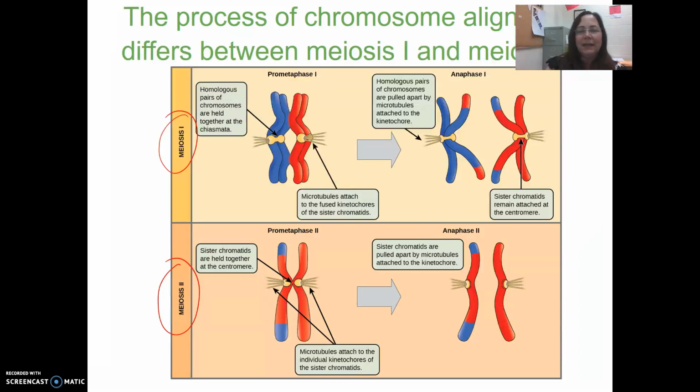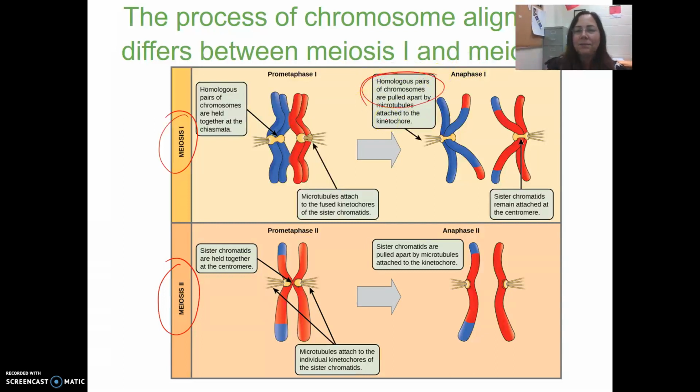So in prometaphase one, those pairs are moving toward the metaphase plate, and you can see what they look like here. And then in metaphase one, crossing over occurred. So in anaphase one, this is what it looks like when the homologous pairs pull apart.